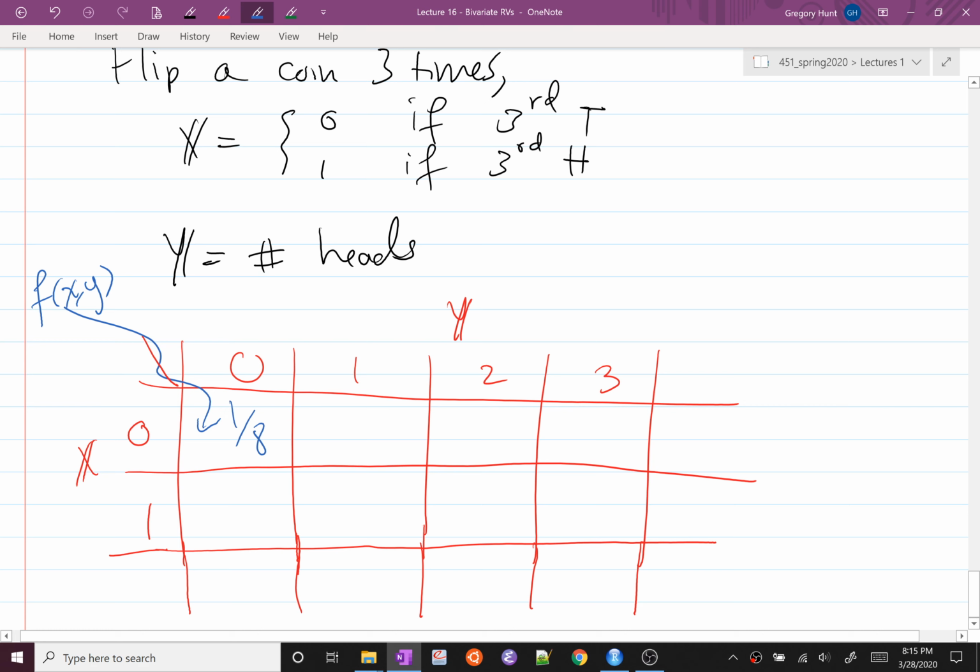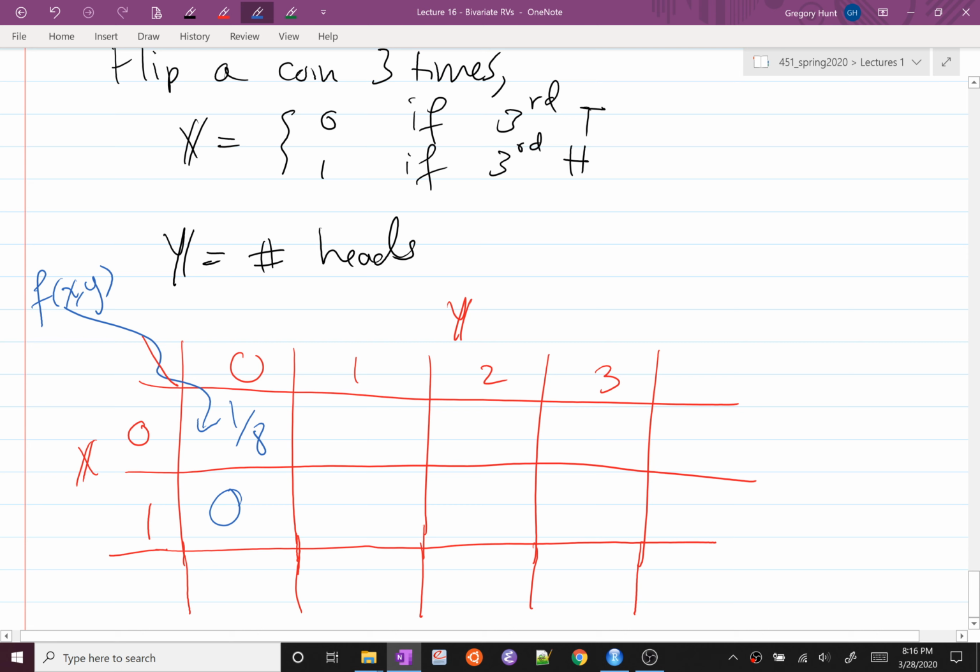If we go down to the next box, what's the probability that y is 0, that is we get all tails, and x is 1, that is the third is a head? Well, 0 probability. We can't have 3 tails but the third one be a head. We can continue on. What's the probability that y is 1, so one of the flips is a heads, and that the third is a tails?